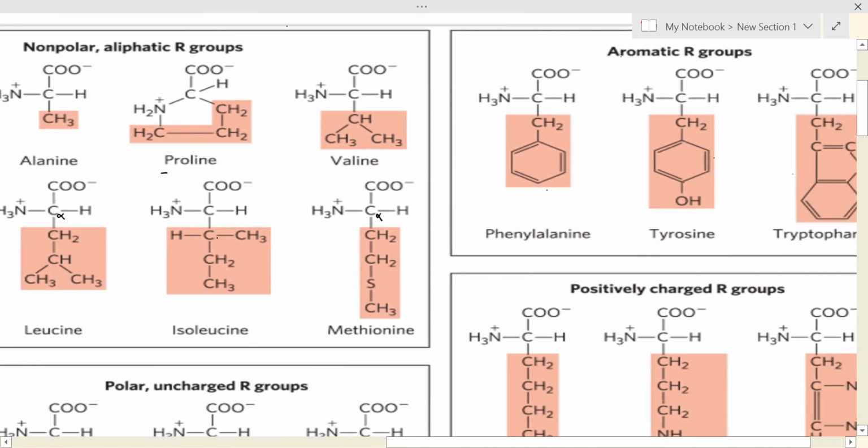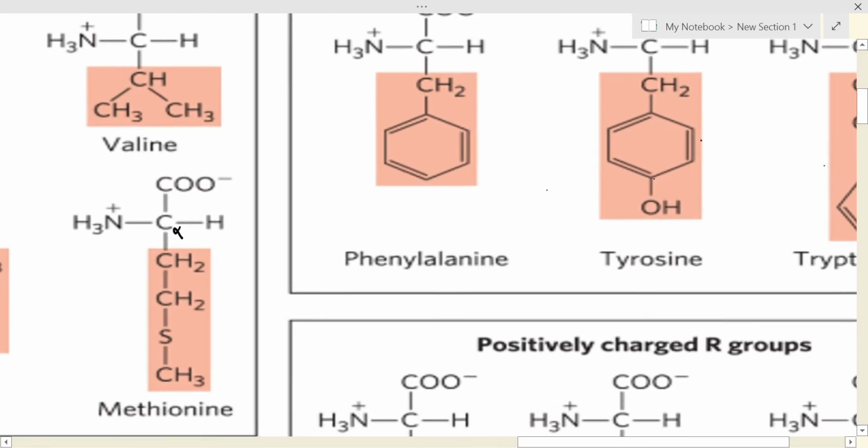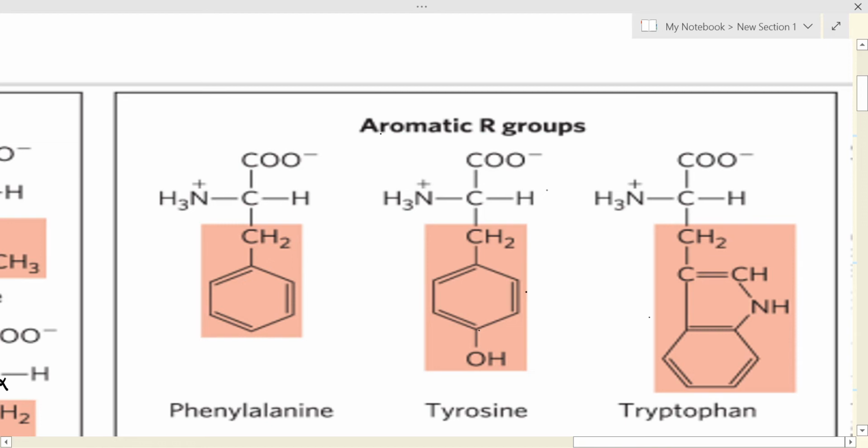In case of aromatic amino acids, we have tyrosine as our polar amino acid. Why? Because here we have OH. This OH can be written like this, and oxygen is highly electronegative in nature, so it has lone pairs of electrons, 1, 2, 3, 4, 5, 6, like this.